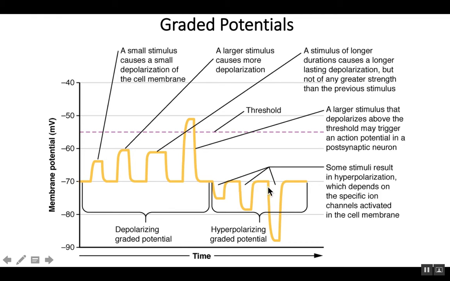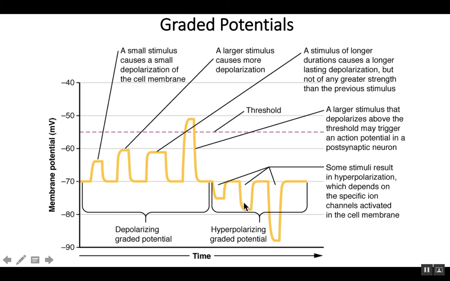Here we see what might occur if there is something inhibiting the neuron, such as an inhibitory neurotransmitter. So these are all examples of graded potentials, yet they are hyperpolarizing the membrane. To hyperpolarize, the membrane potential goes below negative 70 or more negative.